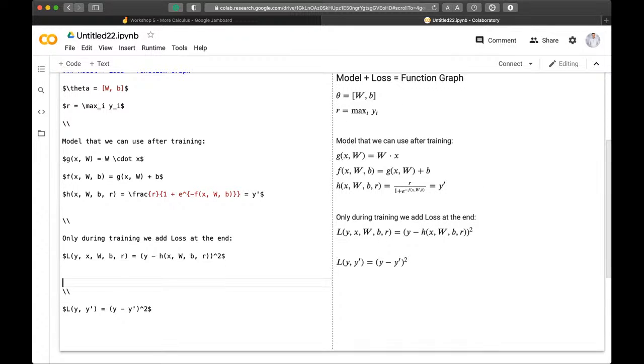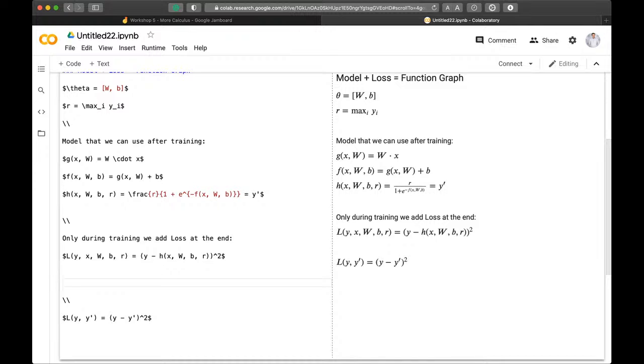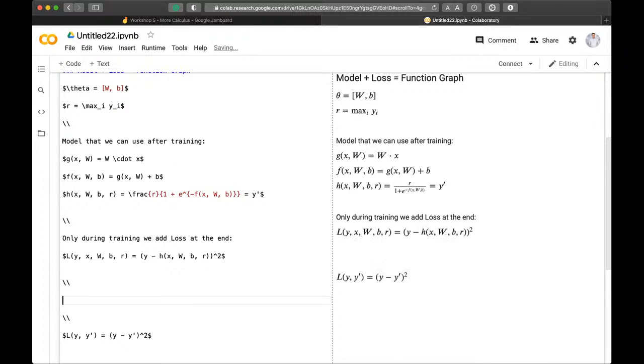But before we do that, let's reiterate what we actually want to do. We want to find the best W and best B values. To find that, we will use the temporary loss function. What we want is the partial derivative, the direction in which we need to change W to make it better, to reduce the error, to get the error to zero.